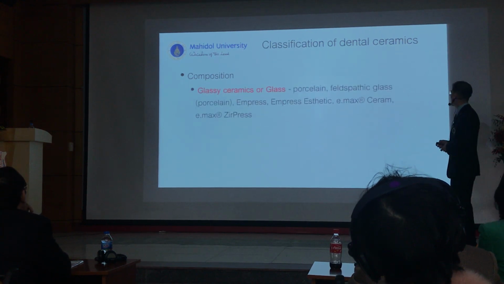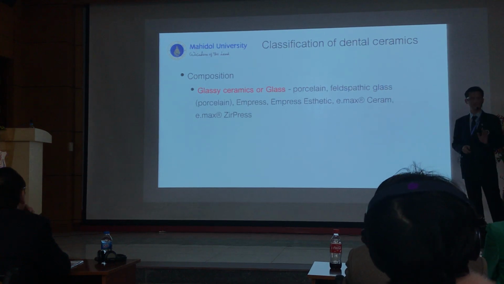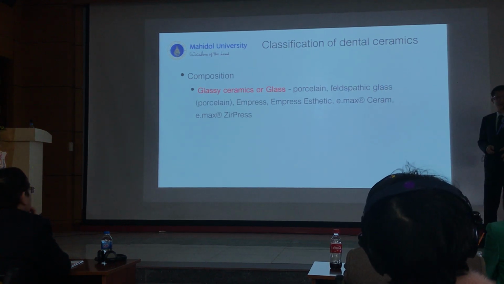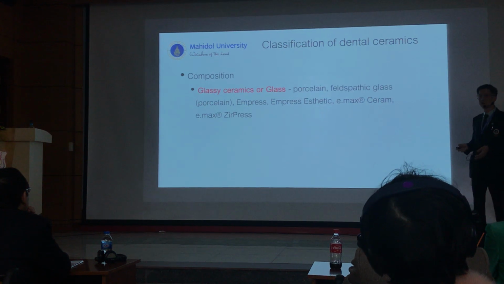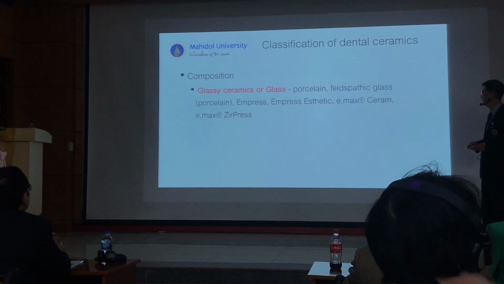If you take a look at the composition of metal ceramics, we can think about the crystal structure like glass. If the ceramic contains a lot of glass, it is very clear, so it has very few crystals. It belongs to this group like glass, porcelain, and feldspathic materials.